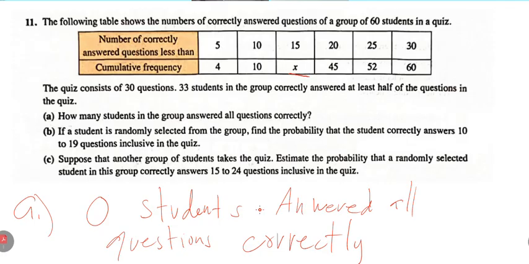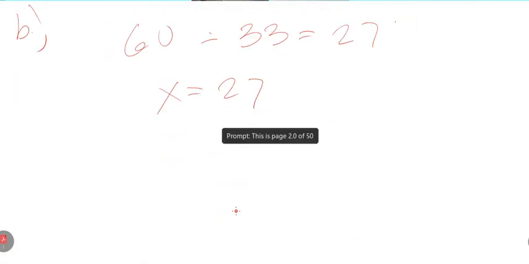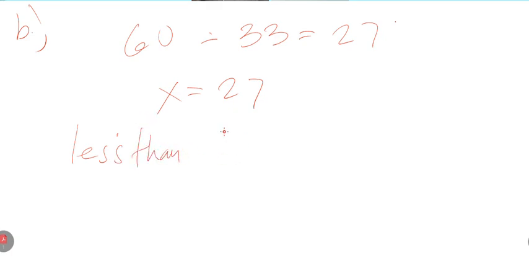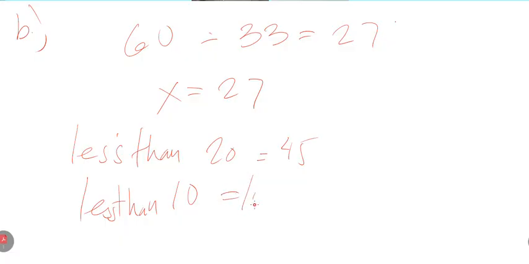For scores of less than 20, there are 45, and for less than 10 there are 10 in the table.